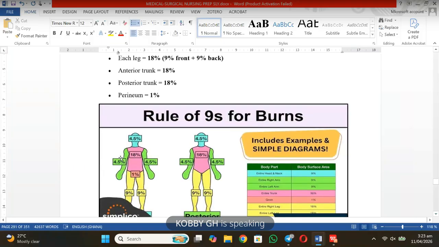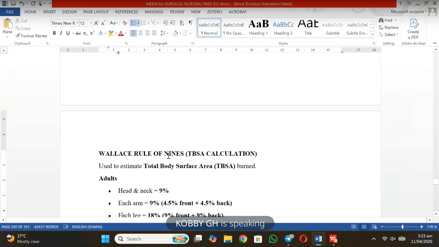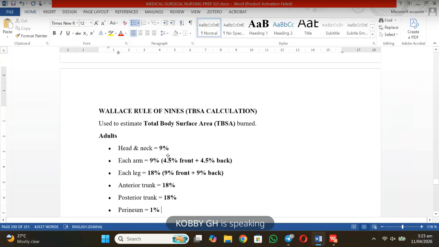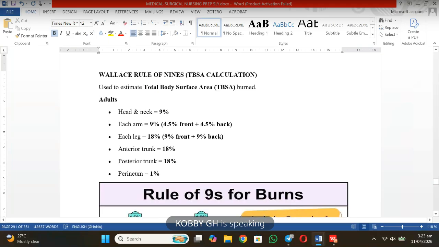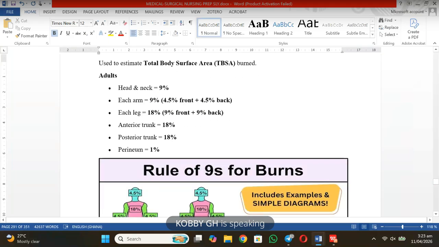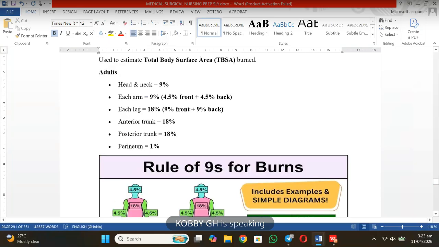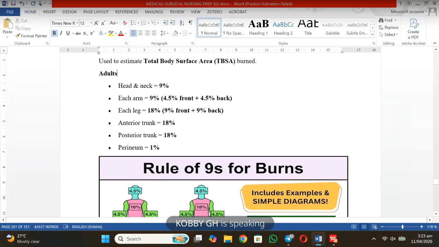Now let's talk about the Wallace rule of nines. With the Wallace rule of nines, if a patient experiences a burn affecting the head and neck, you assign 9%.